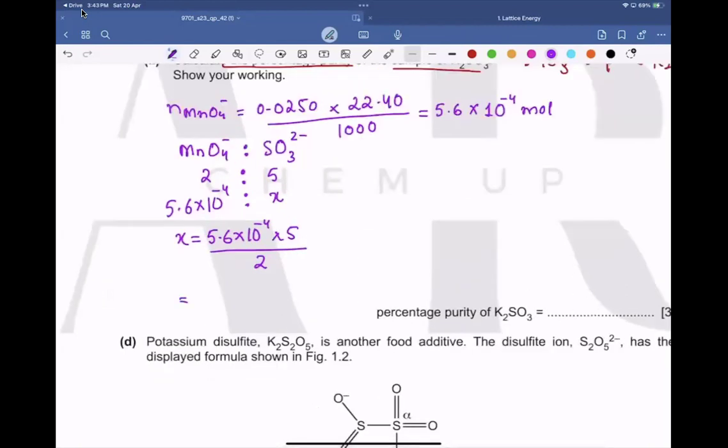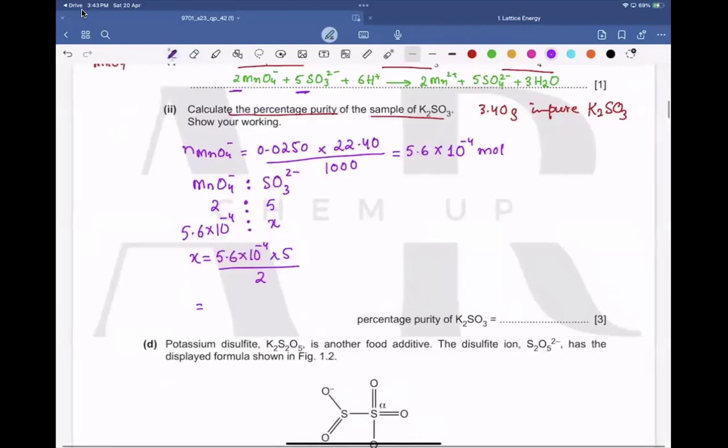Yes, can anyone tell me the number of moles of sulfite ions? Okay, thank you, Ahmed. It's 1.4 exponent.